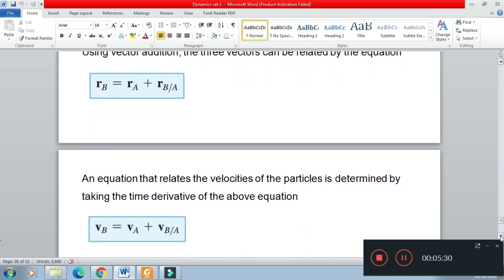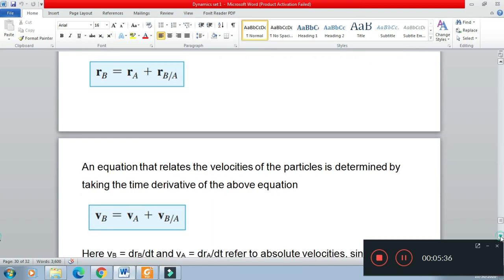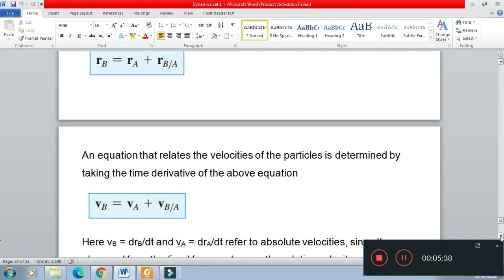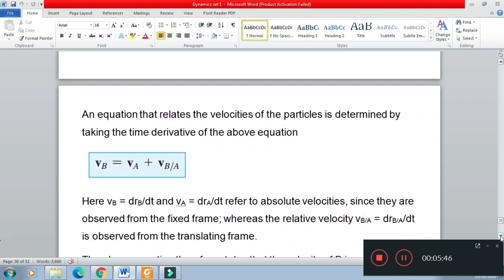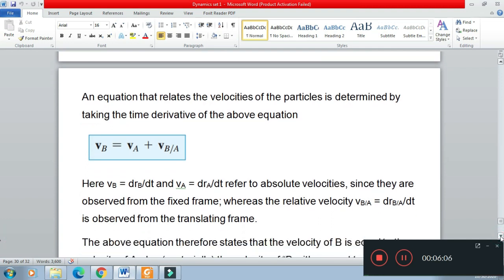Now we can differentiate this equation for position. We will get the formula for velocity, that is velocity of B equal to velocity of A plus velocity of B relative to A. When we differentiate the position RB, RA and RB slash A, we will get velocity, and since position is a vector quantity, we will have an additional term for the change in unit vector.